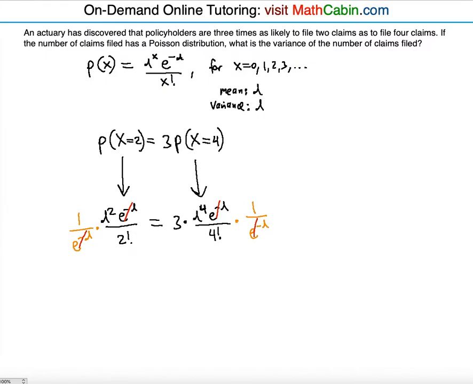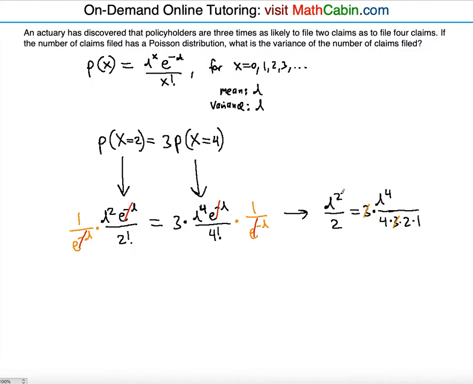Right, so as a result, we have lambda squared over 2 is equal to 3 lambda to the 4th divided by 4 factorial, and 4 factorial is going to be 4 times 3 times 2 times 1, so the 3's will cancel out.